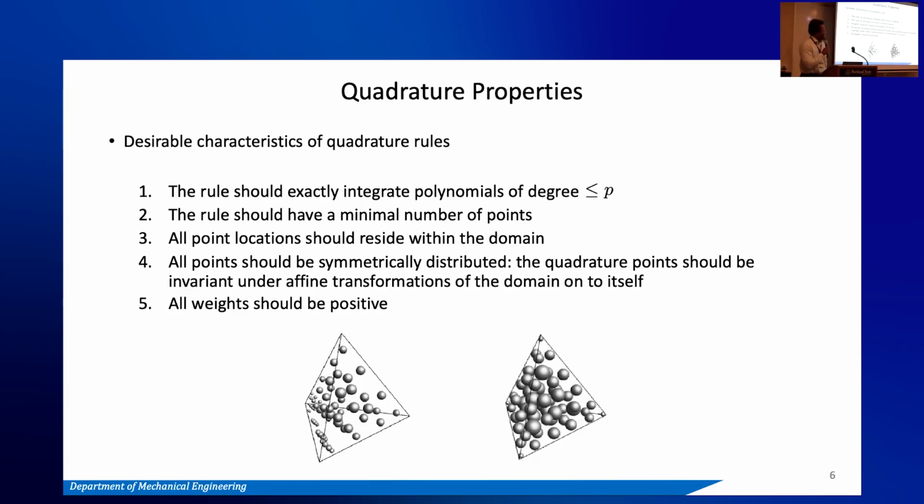And then all your weights should be positive. There's an example of a couple of quadrature rules. The one on the right is symmetric. The one on the left is not symmetric. And the sizes of the points vary because they've been increased or decreased in size based on the associated quadrature weight. Okay, so it's a fancy way of visualizing your quadrature rule.